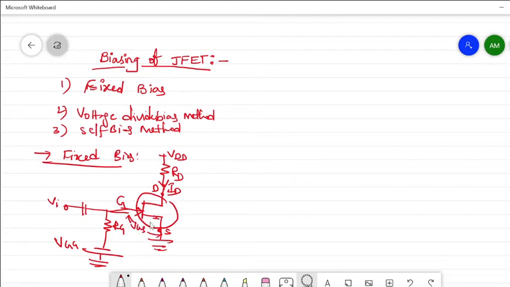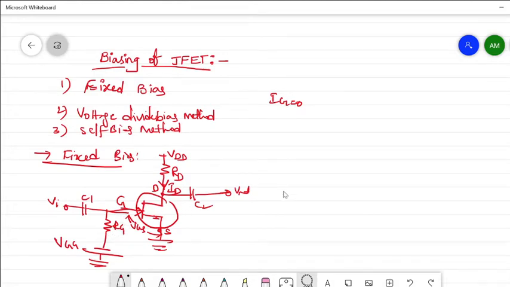For the analysis, we already know the input current of JFET is always 0, that is, Ig is equal to 0. So when Ig is 0, the voltage across the resistor is 0, so it becomes a short circuit. Here coupling capacitors C1 and C2 are there. For DC analysis, coupling capacitors are open circuits. Resistor RG acts as a short circuit, because the voltage across it is 0, because the input current is 0.